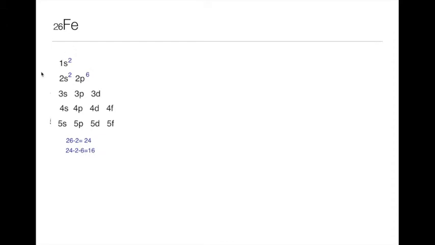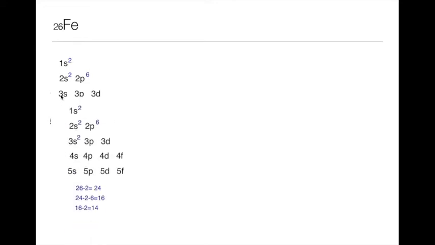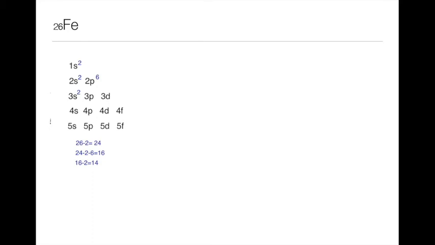So after the 2p, I'm going to fill the 3s. How much can it take? 2. I'm putting 2 and then I can see that I have 14 left. So I remember 1s2, then 2s2, and the arrows, I'm pointing the arrows now in my mind. This, then this, then this, and then this.